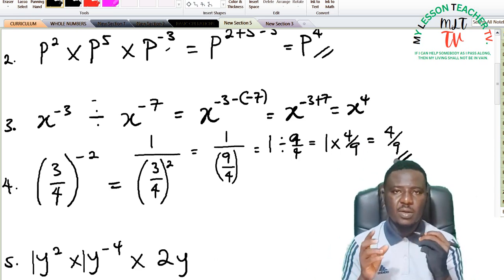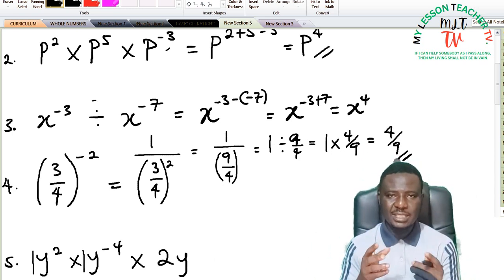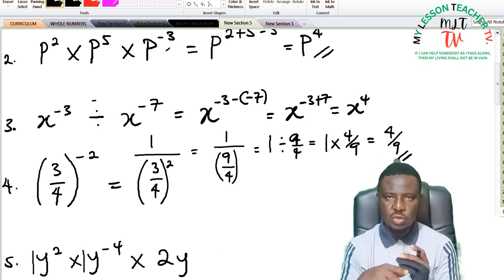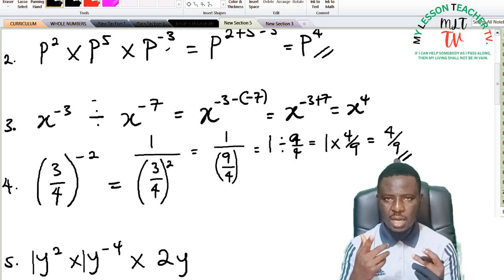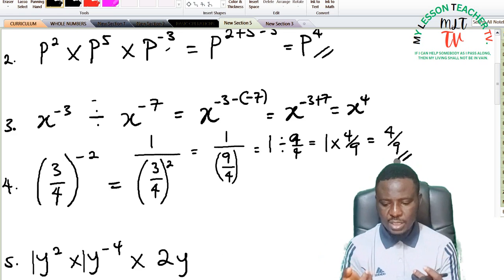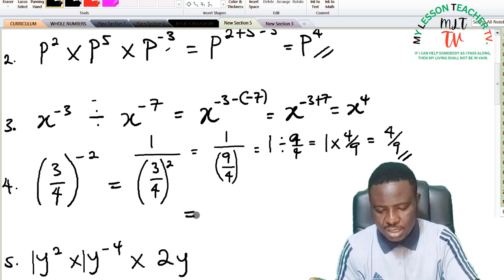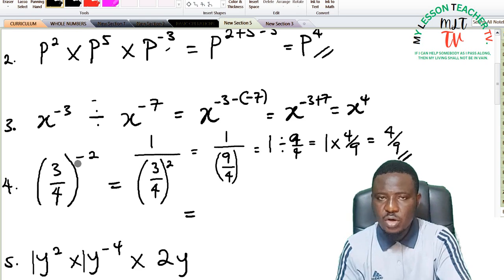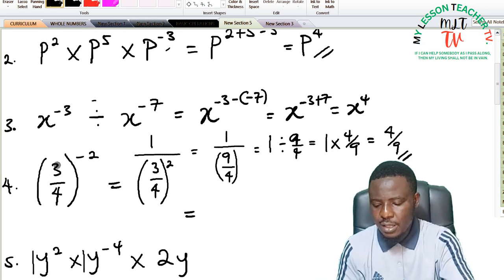But one thing I'd like you to understand is that a quicker way to get this is when the negative power is that of a fraction, all you need to do is to reciprocate the fraction and square. For example, since this is a negative power law, get rid of the negative sign and invert the fraction, meaning instead of 3 over 4, it now gives you 4 over 3.